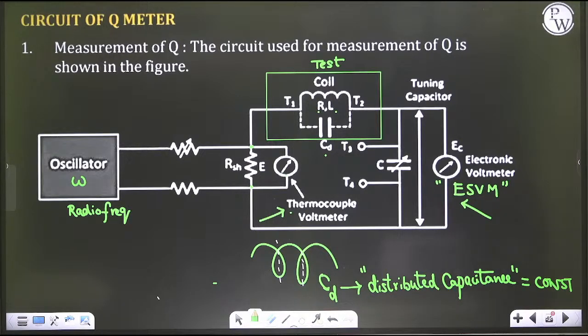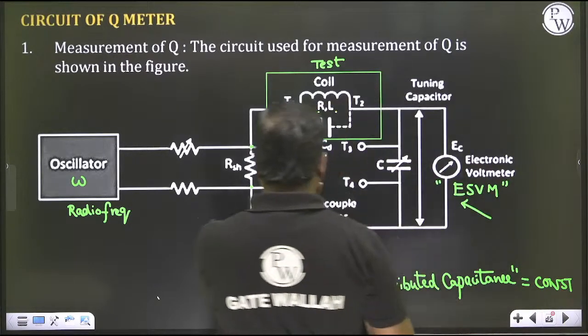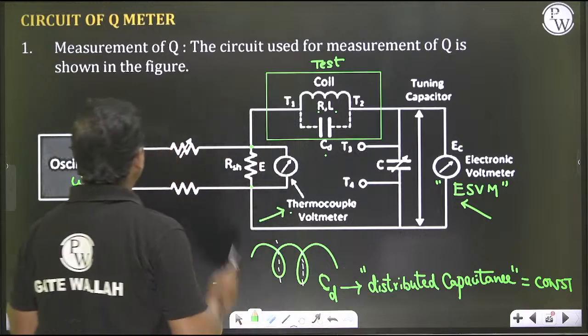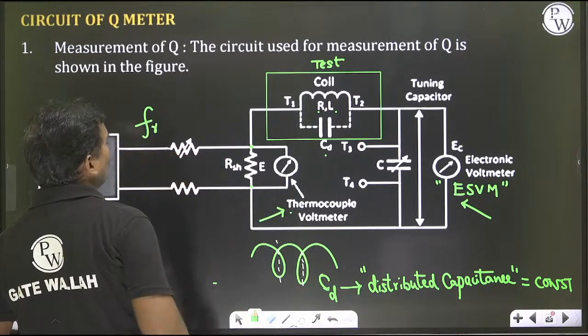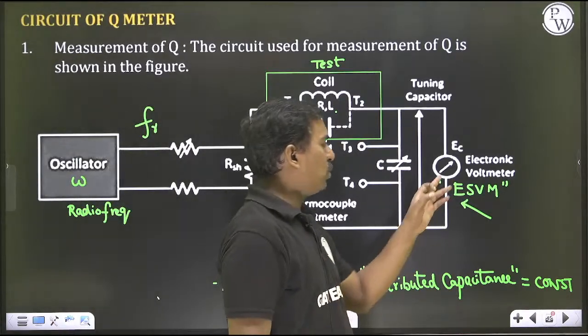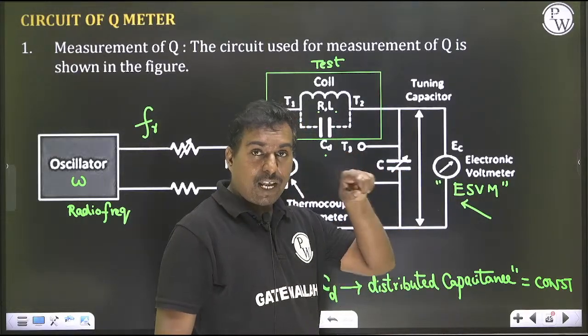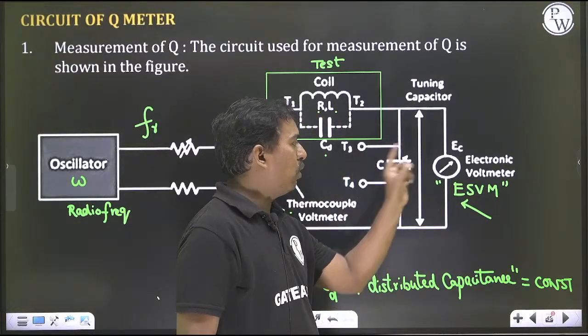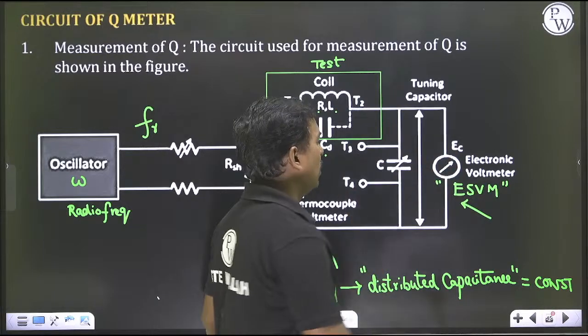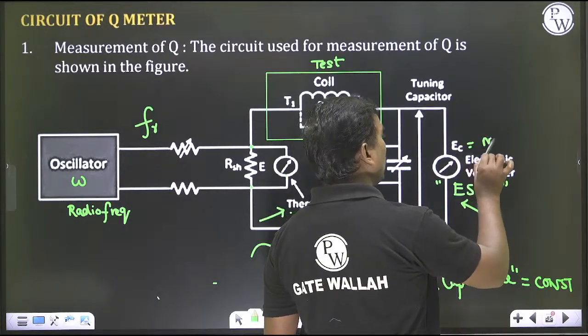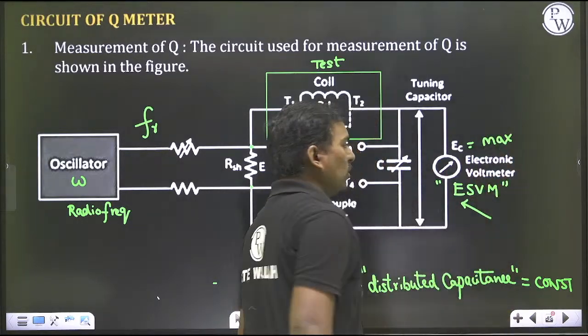Now you just go on adjusting this C. First you fix a particular frequency fr, and at that frequency this voltage will be something. Now you go on adjusting this capacitor, and at a particular value of capacitance the voltage across the capacitor will be maximum, so this EC will be maximum. Once you get the maximum, you lock it and take that reading.